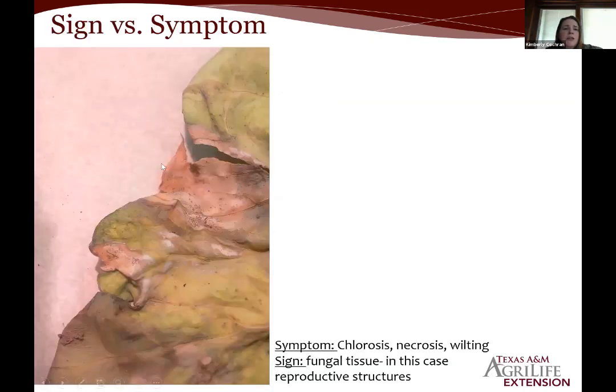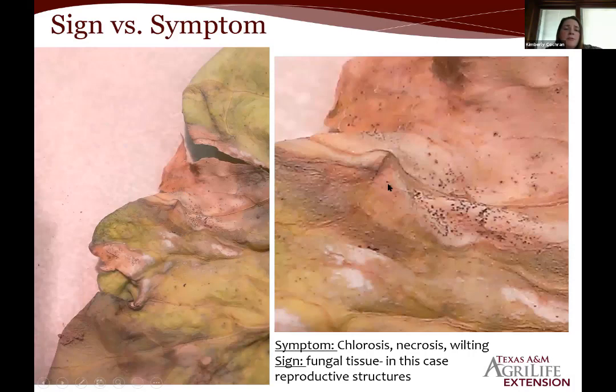All right, so here we have a cabbage leaf, and the symptoms would be yellowing or chlorosis, tissue death or necrosis, and wilting. The signs, if you look closely here, this photo is just this little part in the middle, zoomed in. That is actual fungal tissue, those little black specks and the white cottony material on the surface of the leaf.